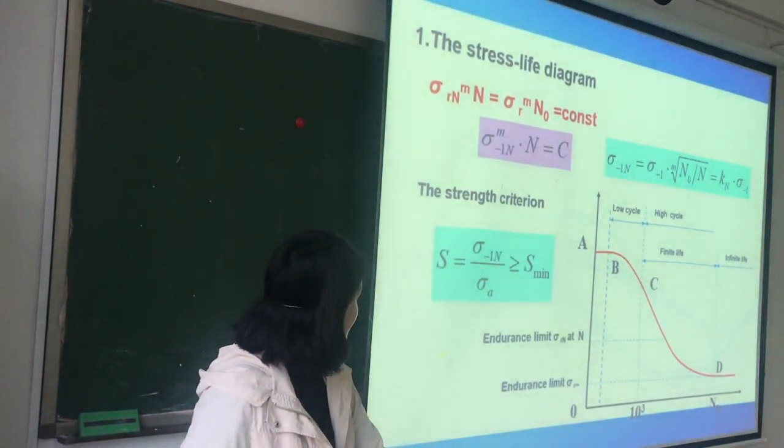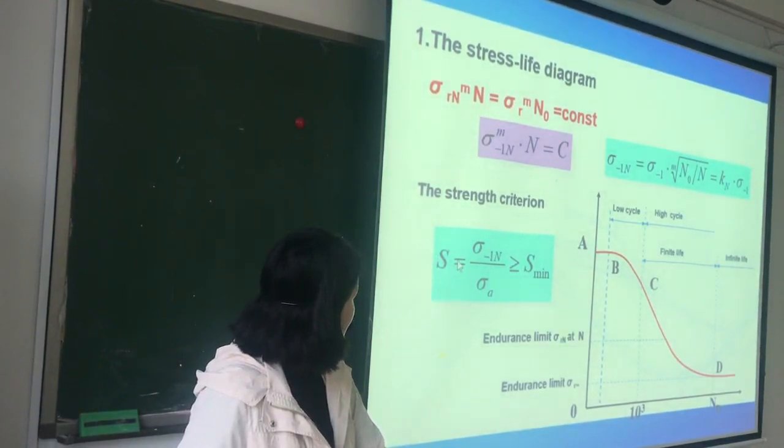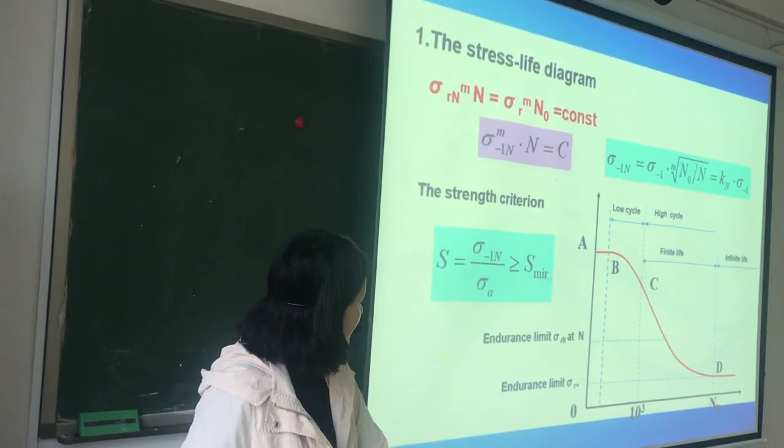The stress criterion is S equals sigma -1N divided by sigma A, which should be larger than the allowable safety factor.